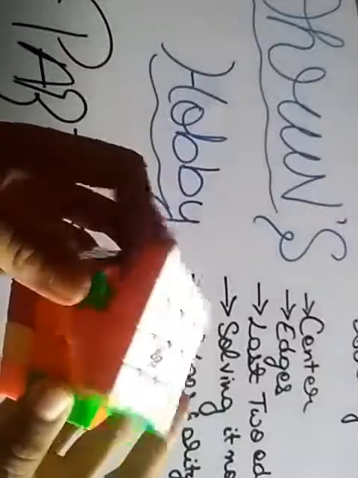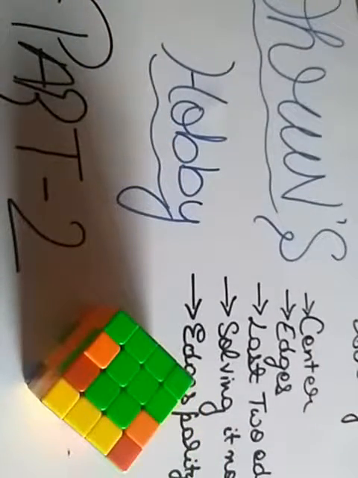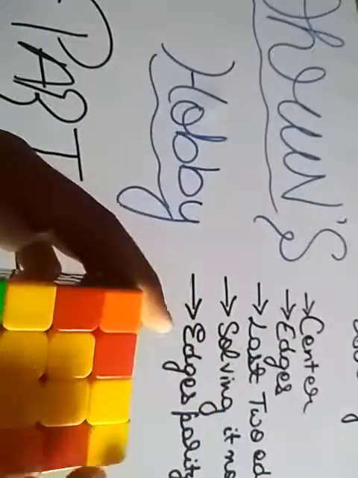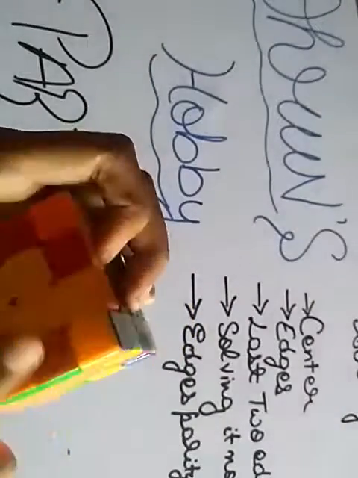Now what some players do, they just apply the 3x3 algorithms when all the edges are not solved. That is very wrong. So what you have to do is make all the edges. I'm going to make all the edges a little faster because you have learned a lot. Now I'm going to make these two green and red and green and red.